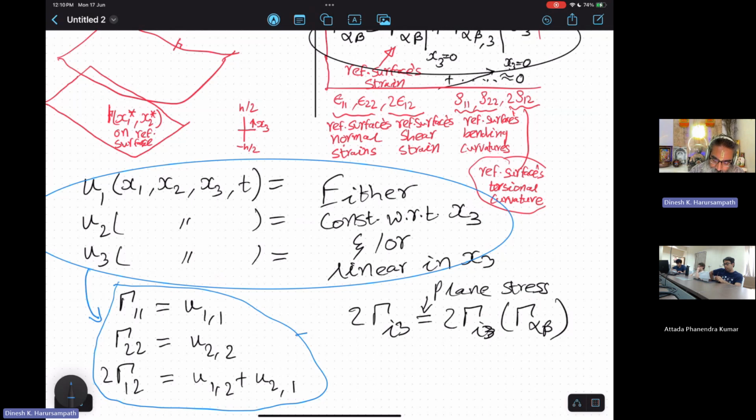Now, that is in turn going to impact your gamma I3 as well, the transverse strains, both shear and transverse normal, which is gamma 33, right?